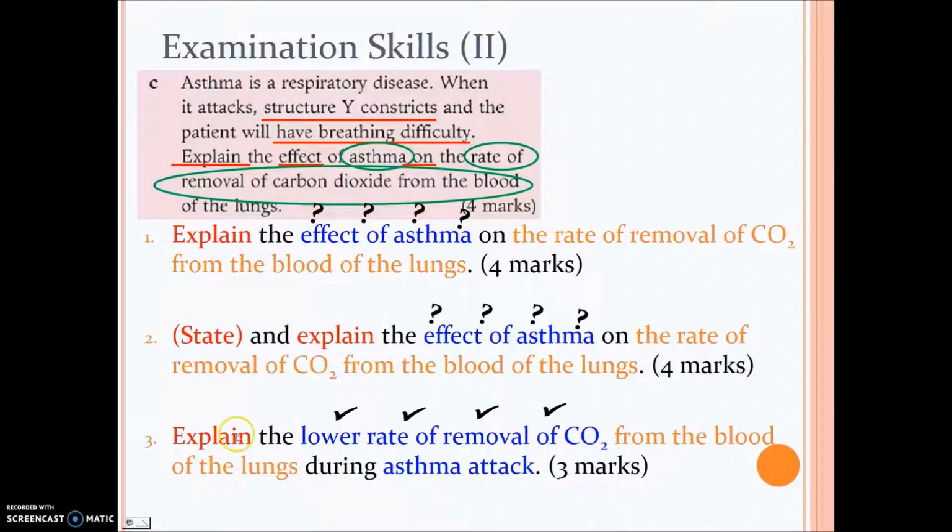So you can just focus on explaining the reason. You can see that questions 1 and 2 are 4 marks, and question 3 is only 3 marks. Why? Because it has already told you the effect of the asthma attack.